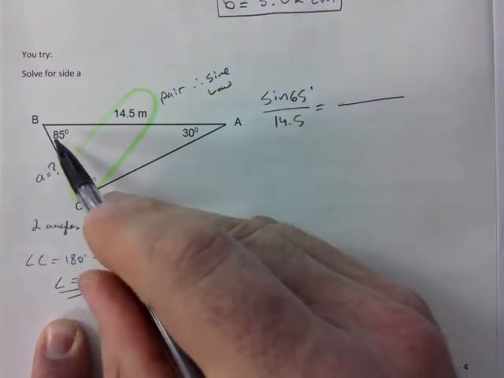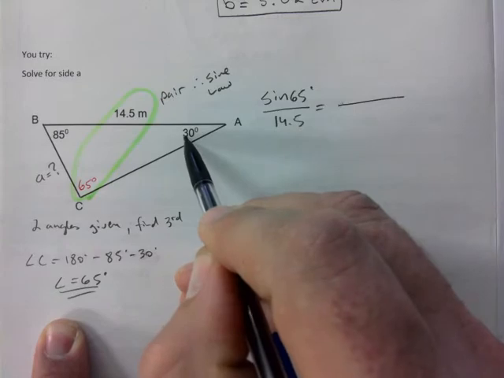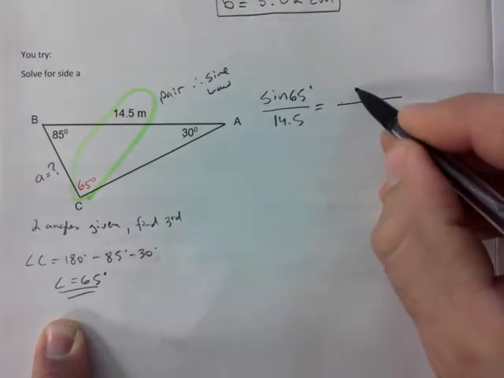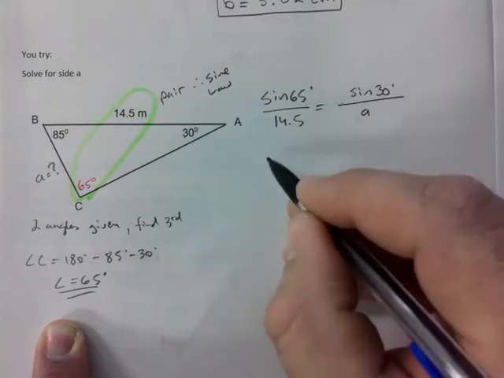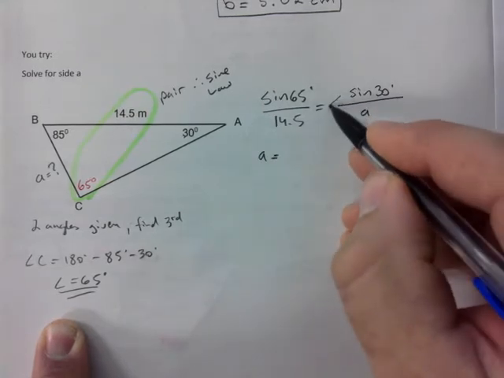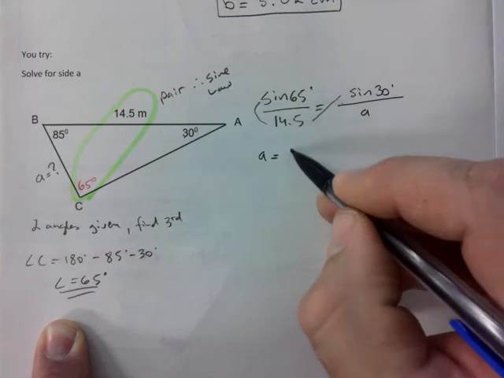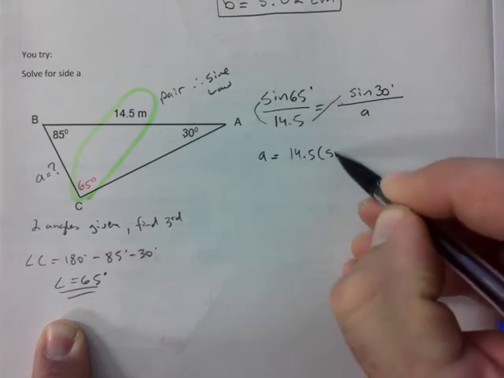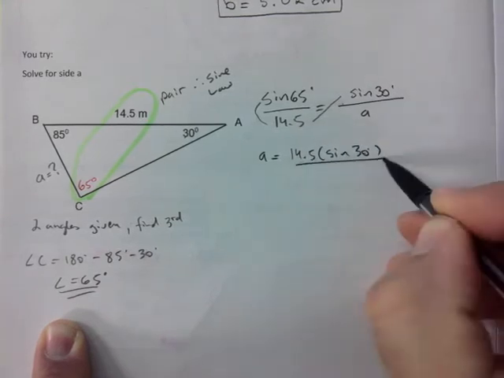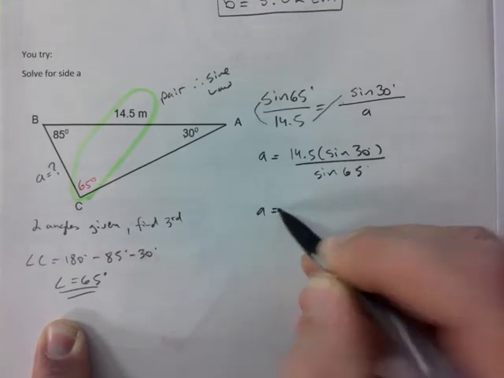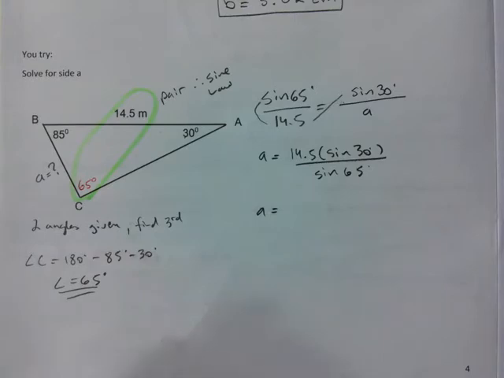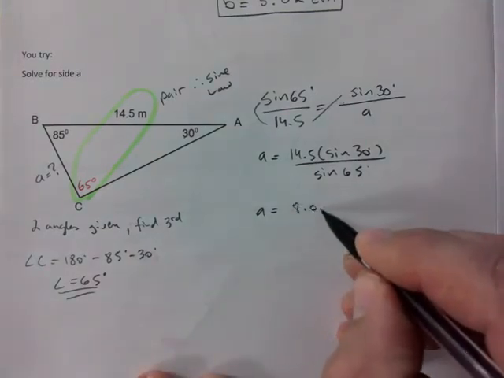So that means that between these two angles, you have to use this one. So sine of 30 over side A. And then you cross multiply and divide. So 14.5 times sine of 30 divided by sine of 65. That is 8 meters exactly.